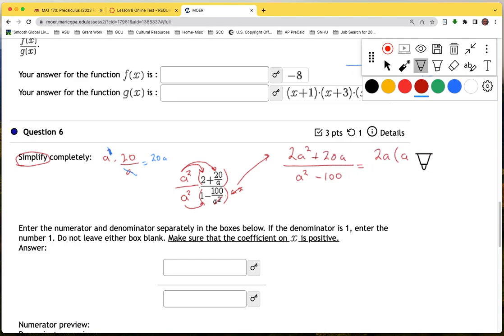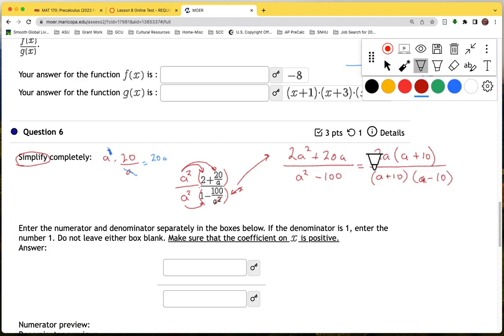And a came out, so that's just a 10. So a plus 10. In the denominator, this is a difference of squares. A squared minus 100. 100 is 10 squared. So this is going to be a plus 10 over a minus 10.